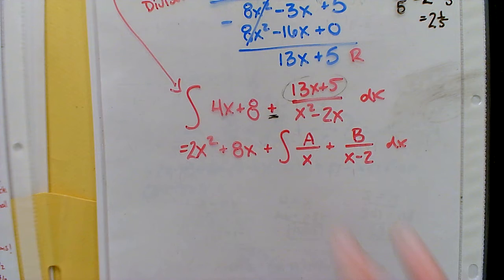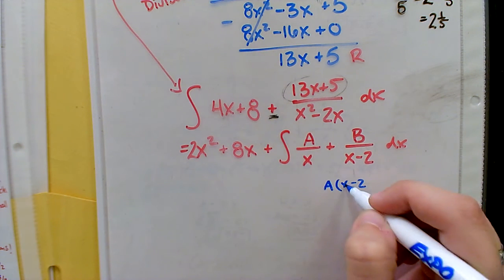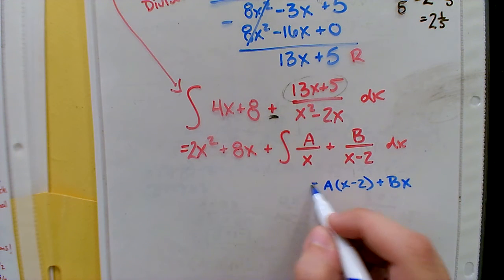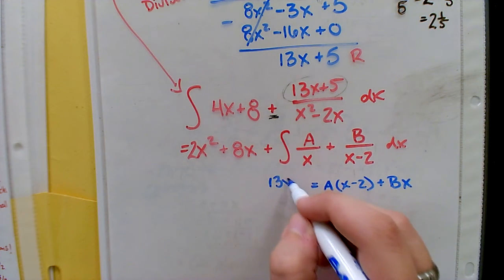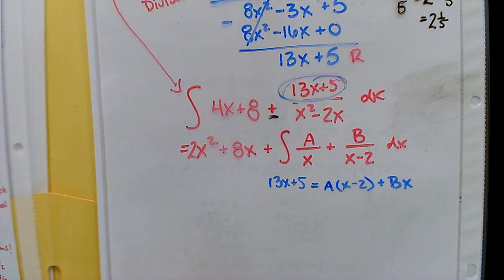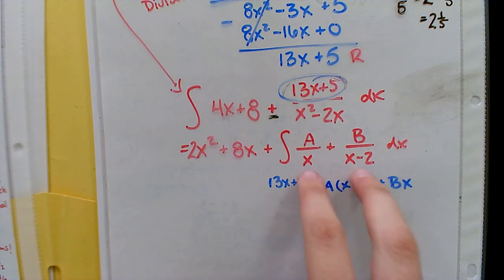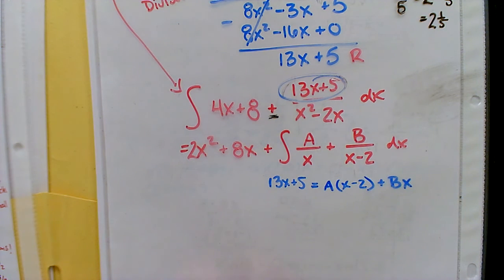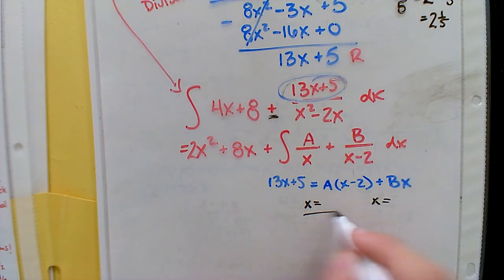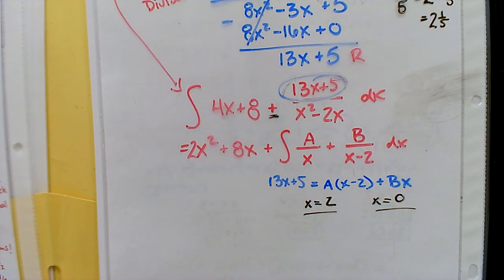If we were to add the partial fractions together, A would have to be multiplied by x minus 2, B would have to be multiplied by x, and those numerators, when added together, should equal the original numerator from your integral. Because remember, this is your resulting fraction. This is the answer you would get after you do that addition. So strategic x values. Got 2 and 0.